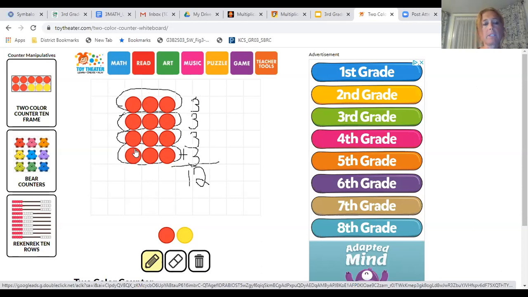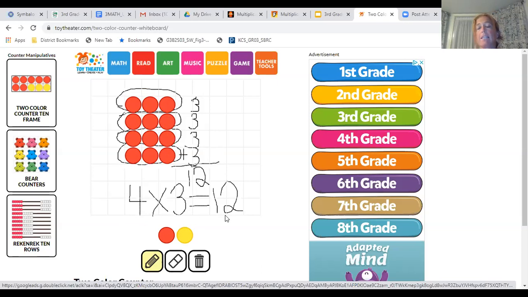So if we have 4 groups, that would be, because we do number of groups first, 4 times, okay, and we multiply it times the number in each group, because remember, it's 4 groups of, so we're going to say 3, and that equals 1, 2, 3, 4, 5, 6, 7, 8, 9, 10, 11, 12. So we still have the same answer of 12, whether we do it as a repeated addition problem or a multiplication problem.